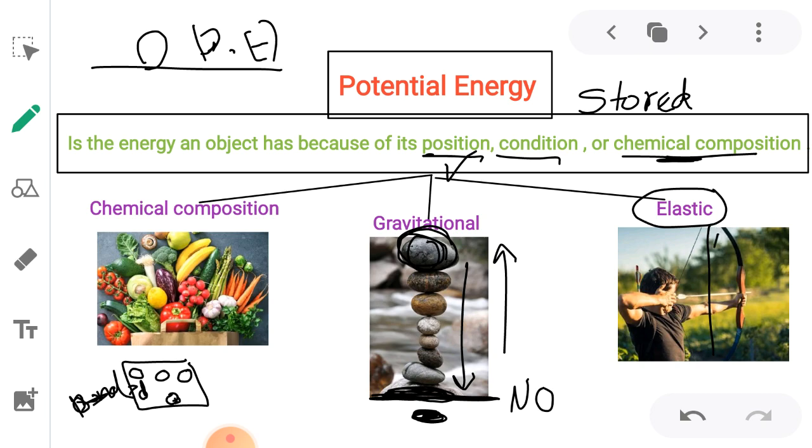In that case, does it contain energy? You're going to say it's not moving, so how does it contain energy? It contains potential energy, which is stored energy. The energy comes out when you move that object. So when you let it go, the energy is released, and that energy is elastic potential energy. Okay.